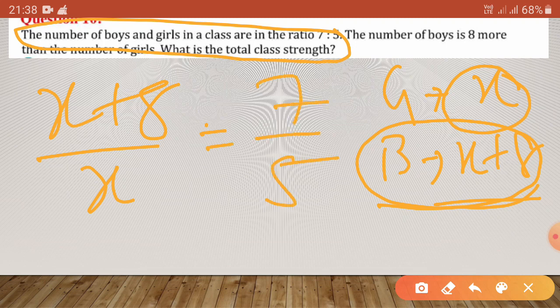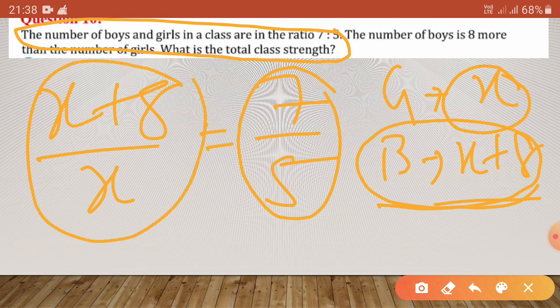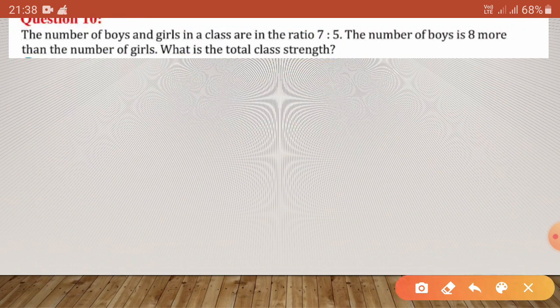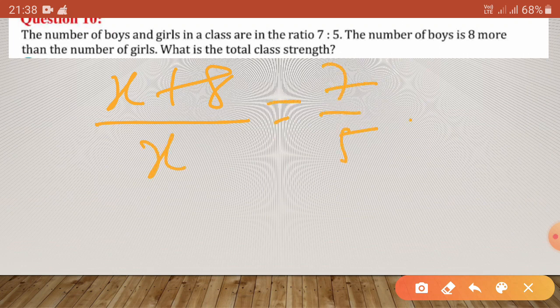In this question the ratio is 7:5, and as per our assumption, the ratio is x plus 8 to x. So this is the basic equation. Now we will solve this equation in a simpler method. According to the question, x plus 8 by x equal to 7/5.